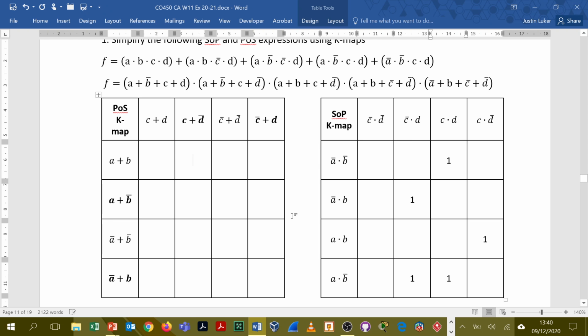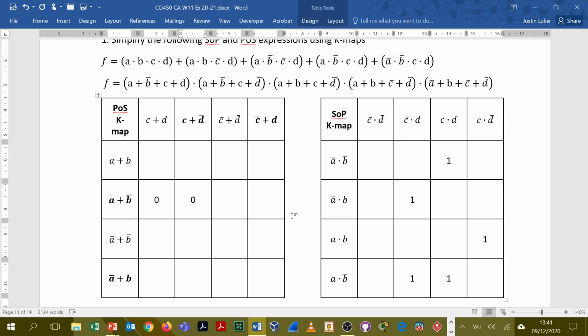And then on the POS one, we've got A, not B, that row, C, D, and then we've got A, not B, C, not D, and then we've got A, B, C, D, and then, no, sorry, A, B, C, not D. Looking at the wrong one.